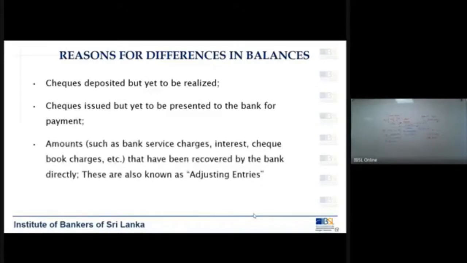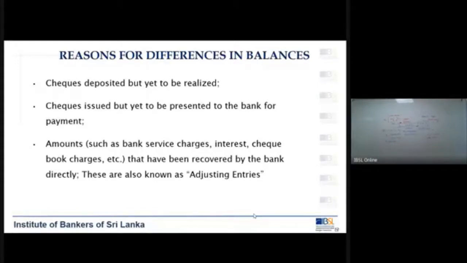Third one, amounts such as bank service charges, interest, and checkbook charges that have been recovered by the bank directly. Can we recall the example that we did at the beginning of today?